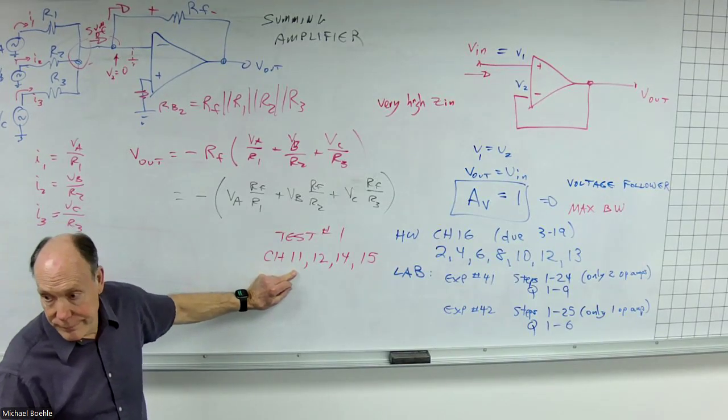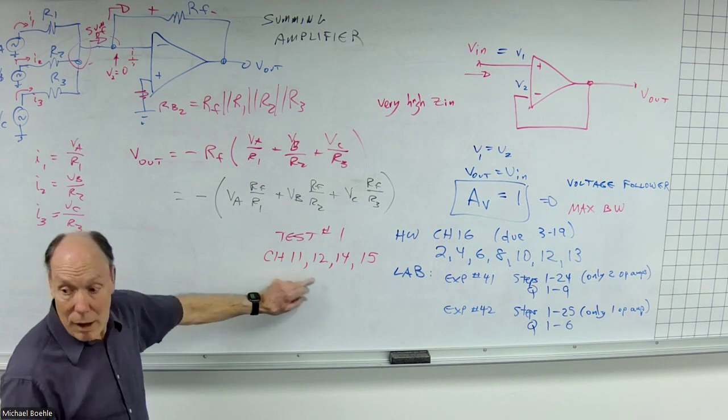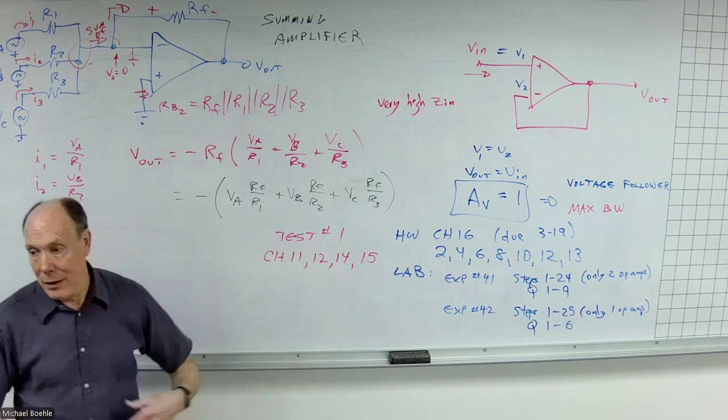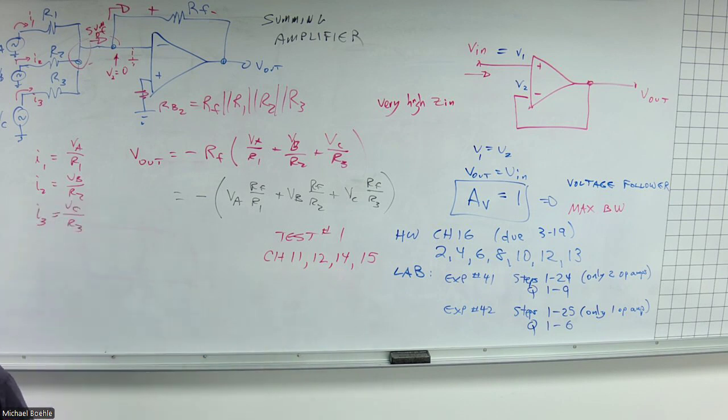JFETs, MOSFETs, frequency concerns, right? Upper and lower cutoff frequency, calculations, decibels, decibels above reference, all that, as well as an amplifier circuit and cutoff frequency. So make sure you got all that down, right?